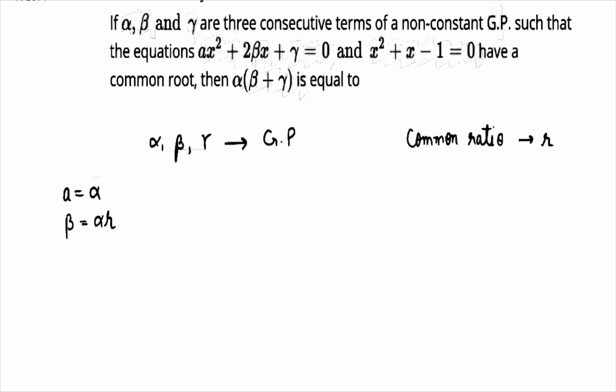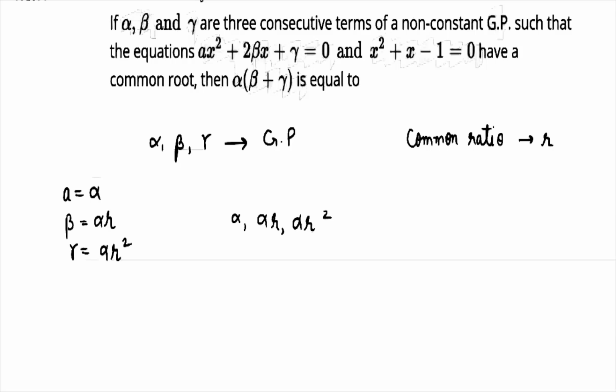Similarly, the third term gamma will be alpha times r square. Therefore, the three terms in GP will be alpha, alpha r, alpha r square.